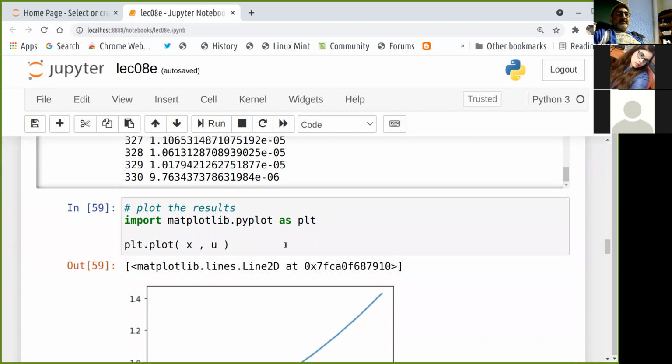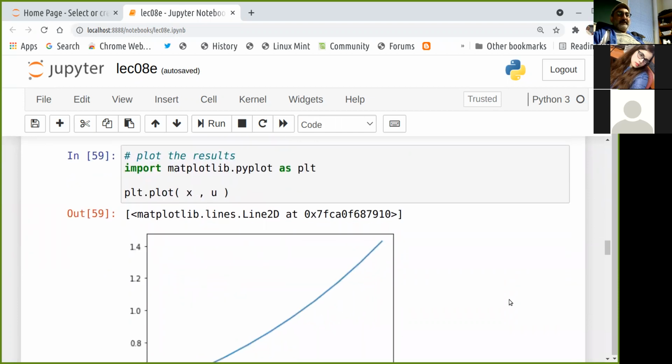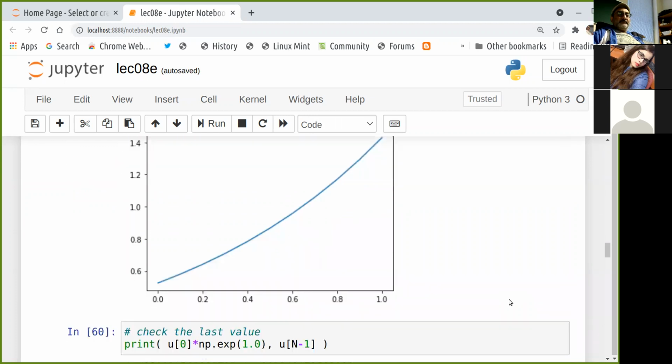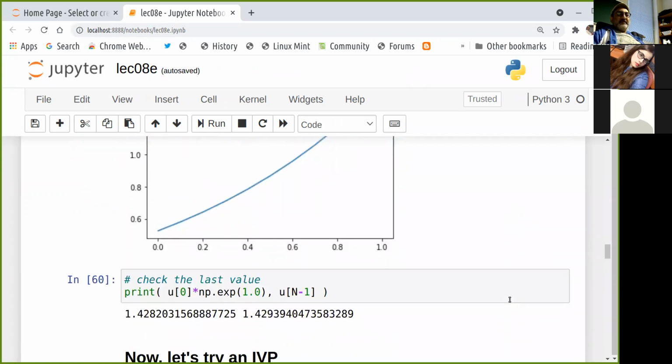Okay, now I want to plot. So matplotlib.pyplot, that's PLT, and I plot on the horizontal axis the array X, and on the vertical axis the array U. That's the result I get. And what do I want?